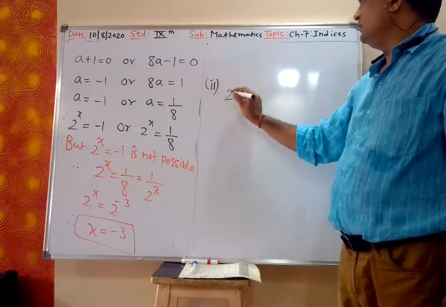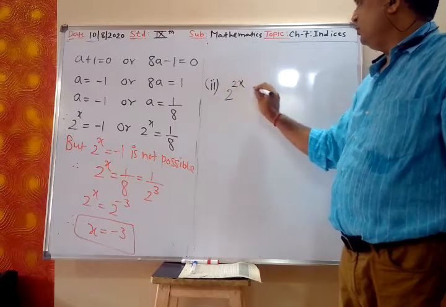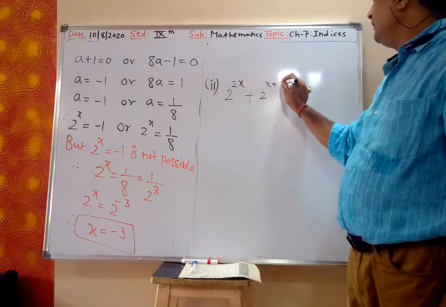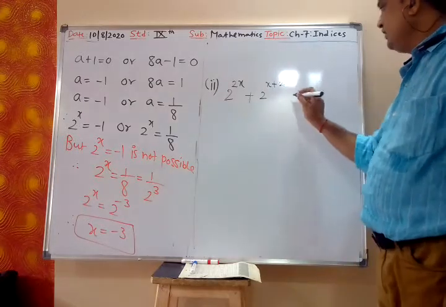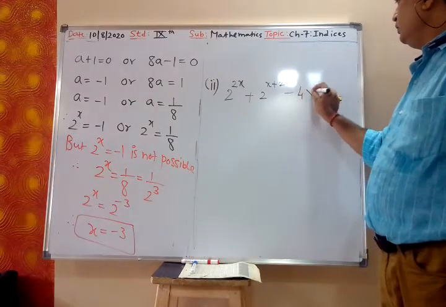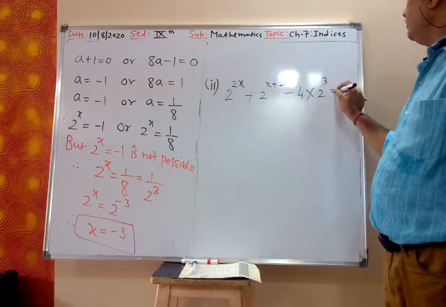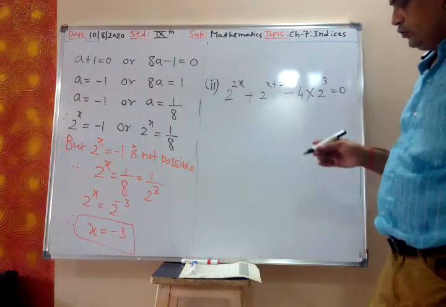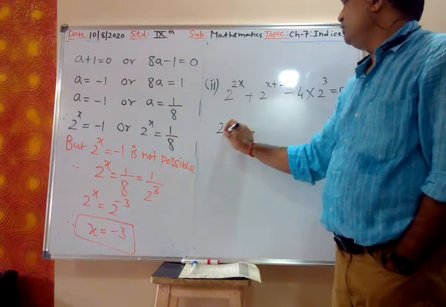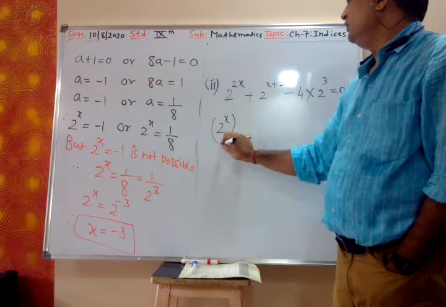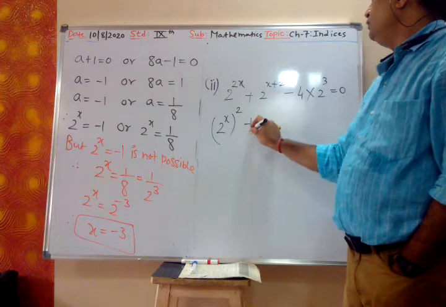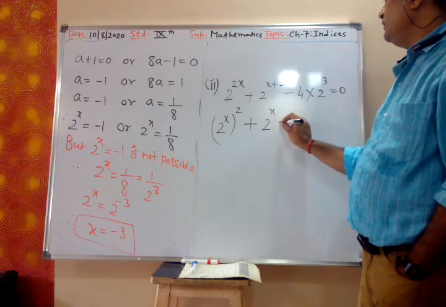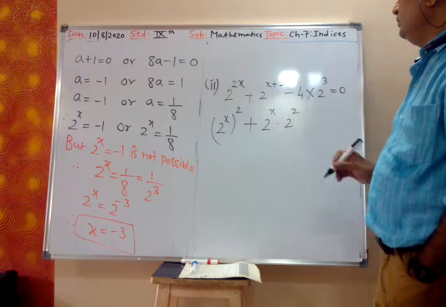2 raised to 2x plus 2 raised to x plus 2 minus 4 into 2 raised to 3 is equal to 0. Solve this. So 2 raised to 2x, I will write 2 raised to x raised to 2, plus 2 raised to x plus 2, I can write 2 raised to x into 2 raised to 2, no?